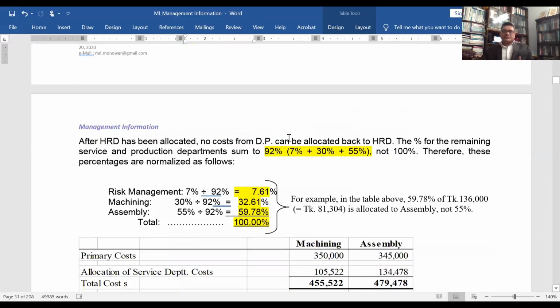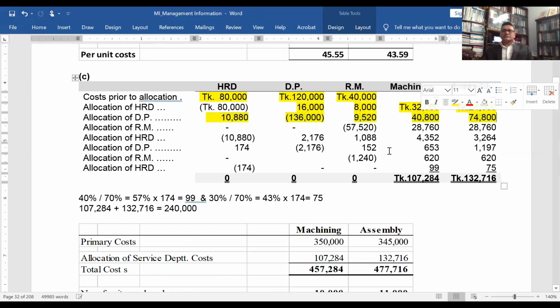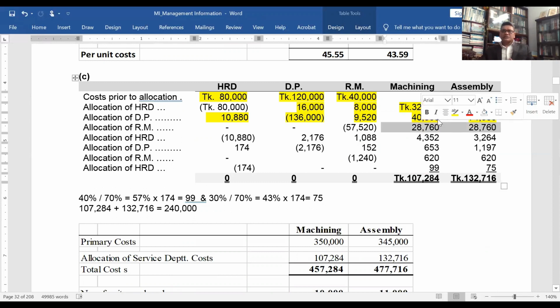So this is the 8%. 8% in 10,000. So look here, others the same. And risk management total cost is directly allocated 50%.